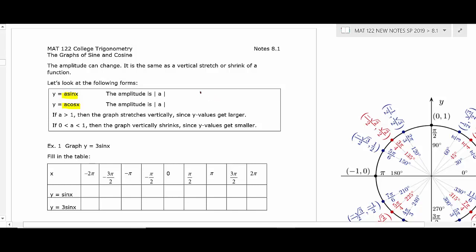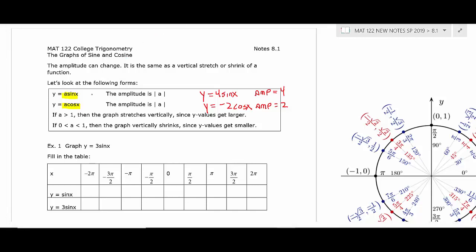So if you had y equals 4 sine x, then the amplitude is 4. If you had y equals -2 cosine x, then the amplitude is not -2, but 2. An amplitude is always a positive number. That will tell you the distance between the crests of the waves. It's half the distance from crest to trough.